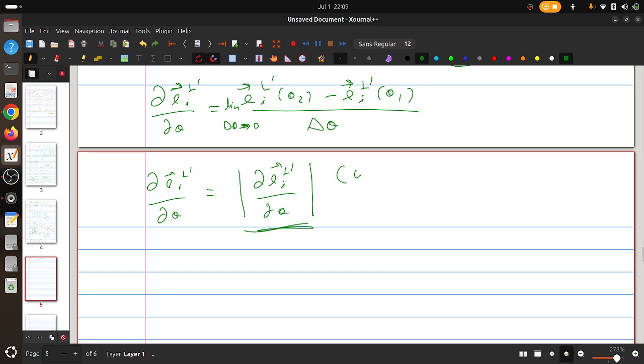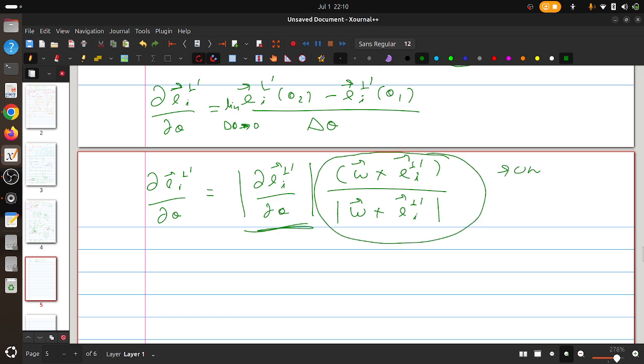So it is better to represent it like this: we take the cross product as it is, and then we divide it by its mod. This will make sure that this quantity here is a unit vector, correct?